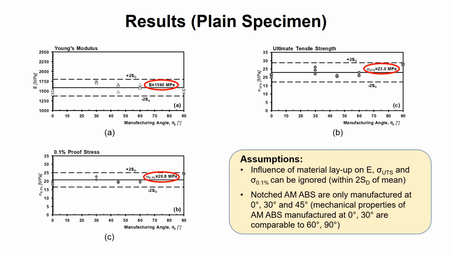Note that the notched AMABS specimens are only manufactured at 0 degrees, 30 degrees, and 45 degrees. This is because the mechanical properties of AMABS manufactured at 0 degrees and 30 degrees are comparable to the ones manufactured at 60 degrees and 90 degrees from the results of plain specimens.